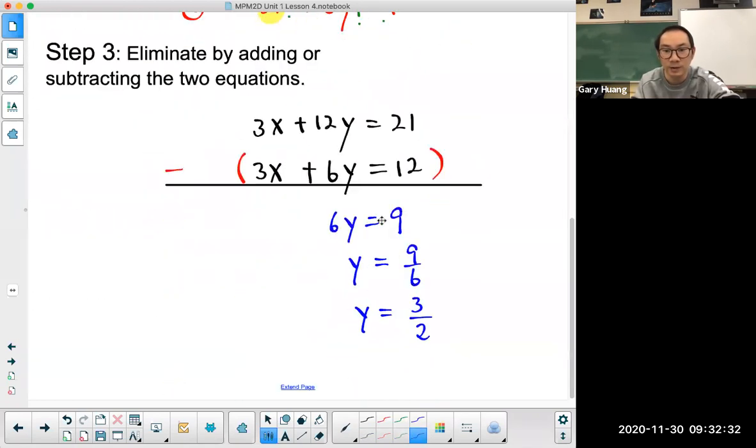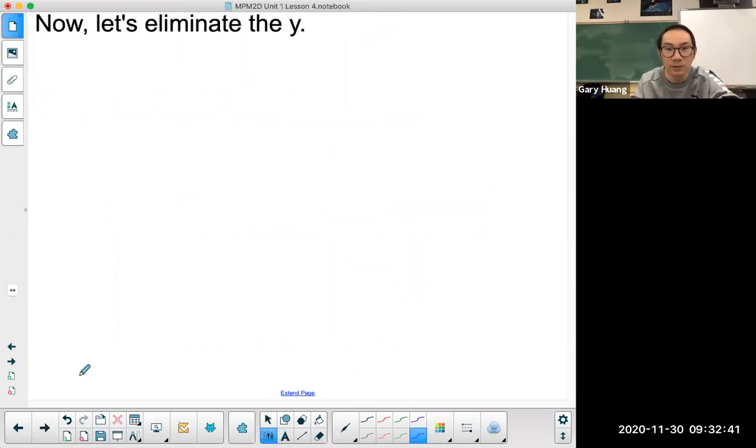Now, some people will ask, what about the variable x? Well, we do exactly the same thing, and this is called double elimination. I prefer double elimination because it avoids dealing with fractions at all times. Let me write down the two equations again.